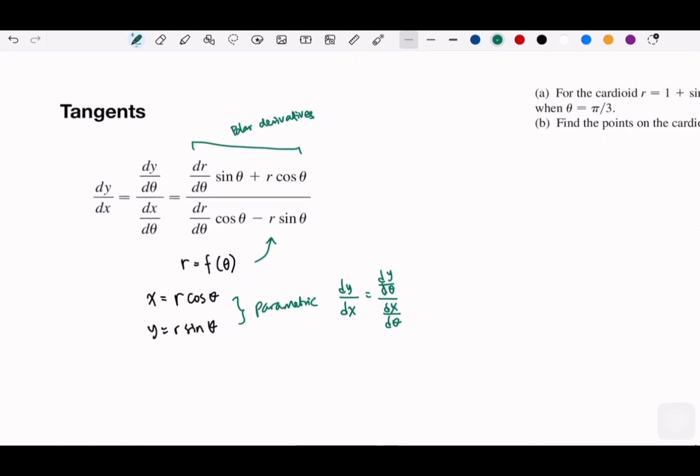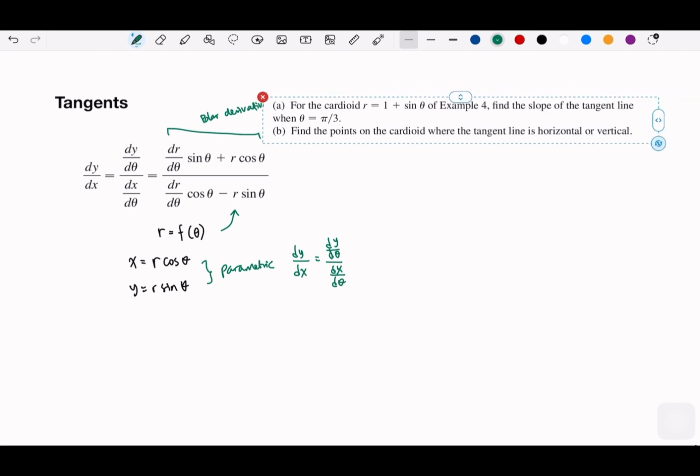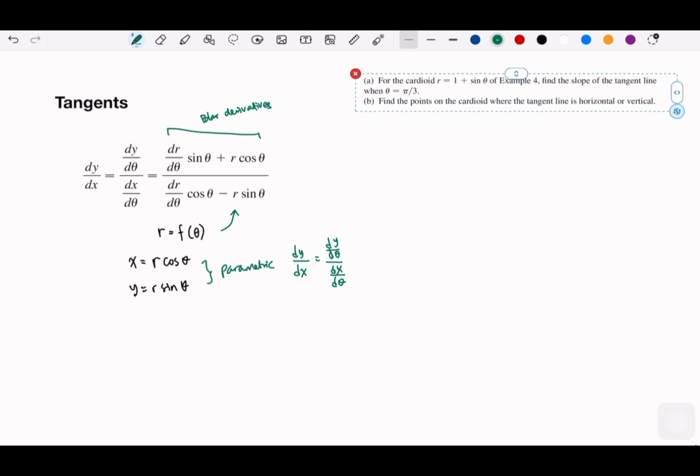So let me go through an example here. The same cardioid from the previous example. So let me write cardioid. So that is 2, this is 1.